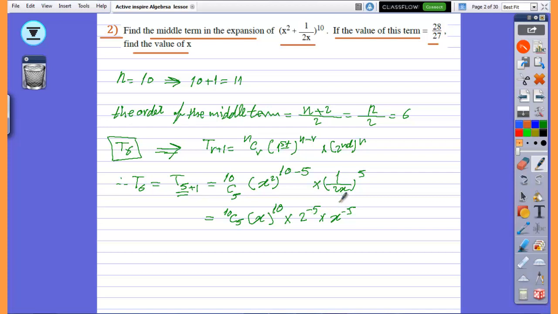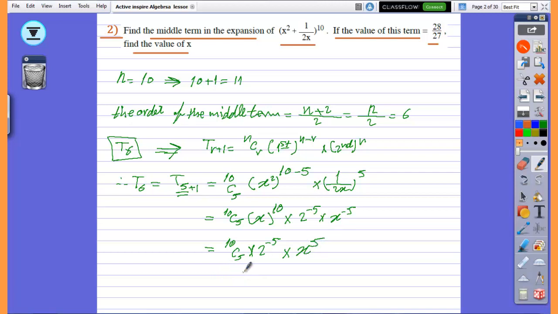Also, x power 1 in the denominator will be x power negative 1 in the numerator, which equals x power negative 5. And it is equal to 10C5 multiply 2 power negative 5 multiply x power 10 multiply x power negative 5, which equals x power 5.